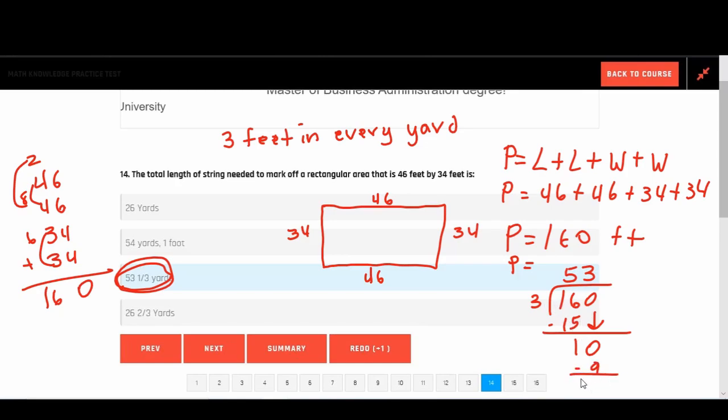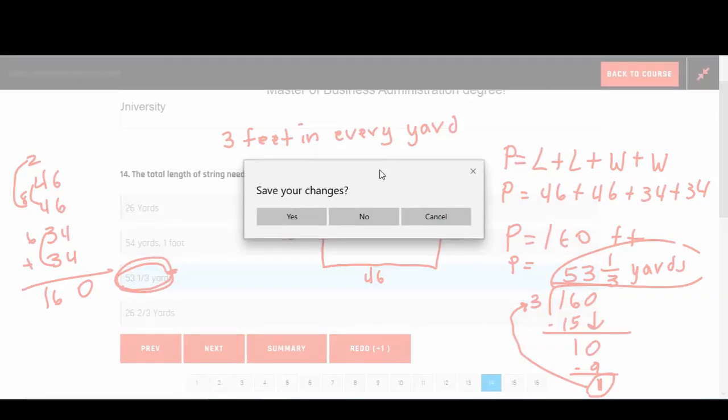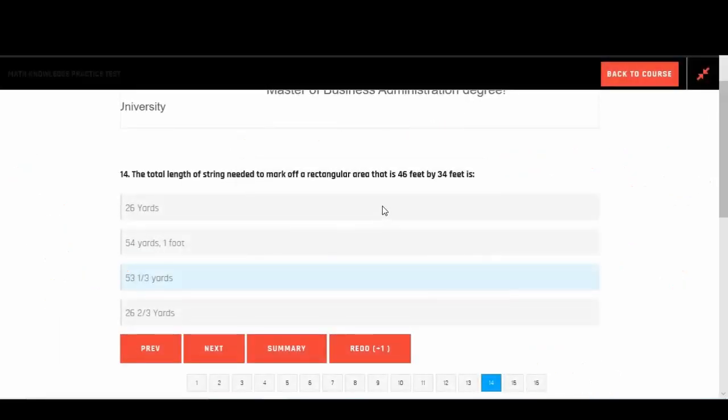We subtract. 10 minus 9 is 1. This is our remainder, so we can go ahead and put this over 3. So this would be 53 1/3 yards. Okay, which is right there. So that's that one.